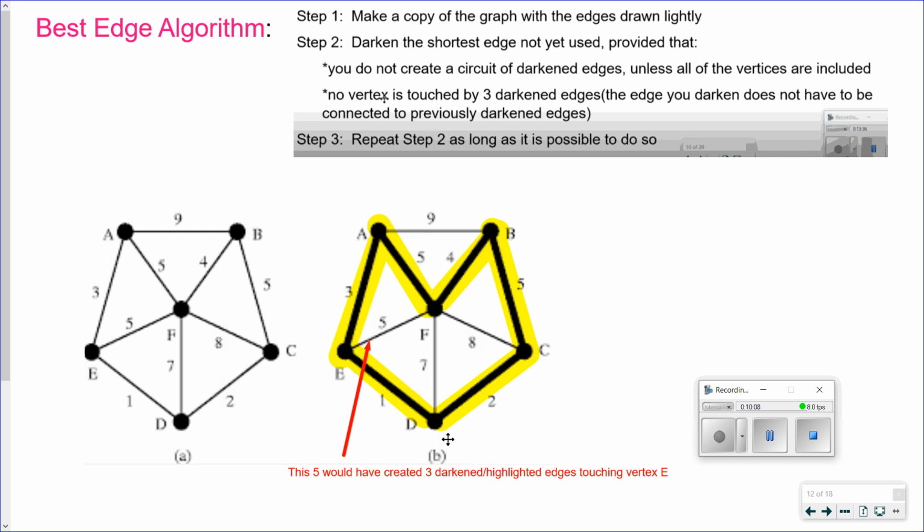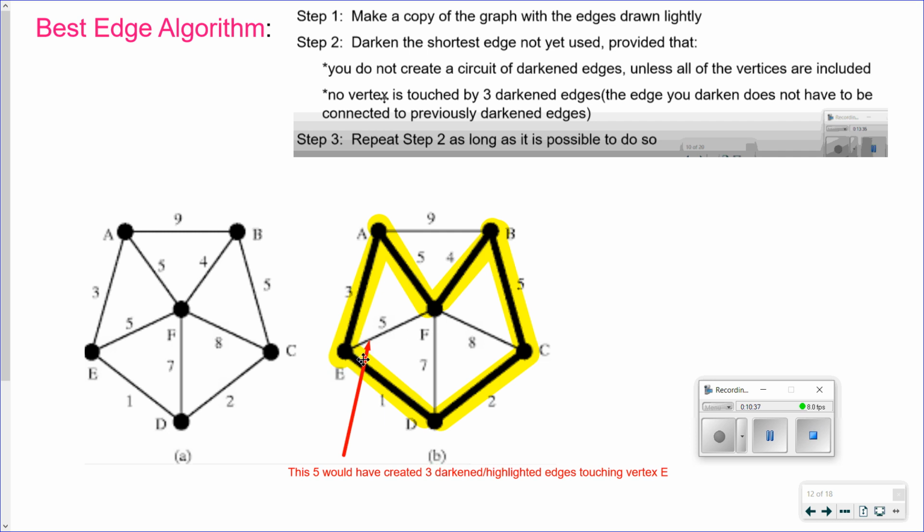edges. Okay, so 1, drawing this edge is fine. Drawing this edge, that's 2, is fine. I haven't made a circuit. I haven't touched 3 edges to 1 vertex yet. 3 is okay. 4 is okay also. Then I have 3 different edges that are 5s. Well, actually, I put in this 5 first, and I also put in that 5.